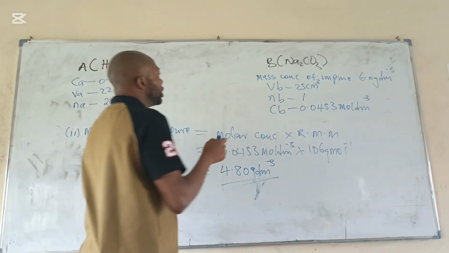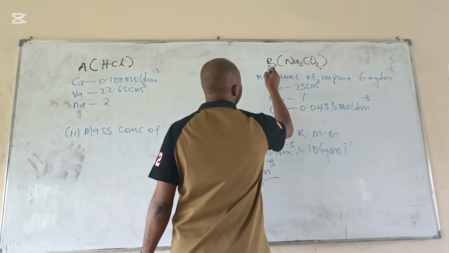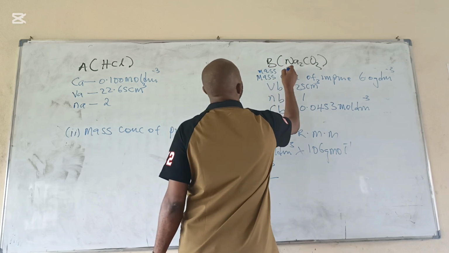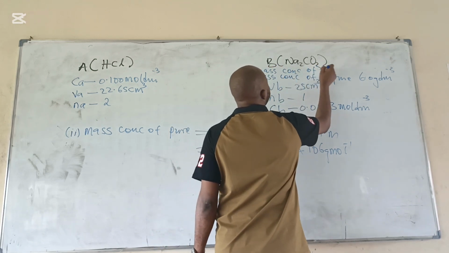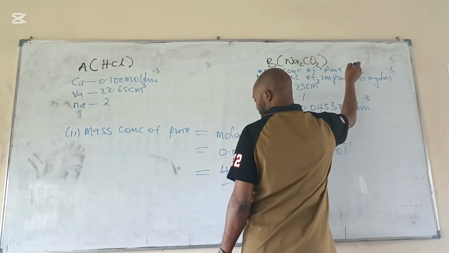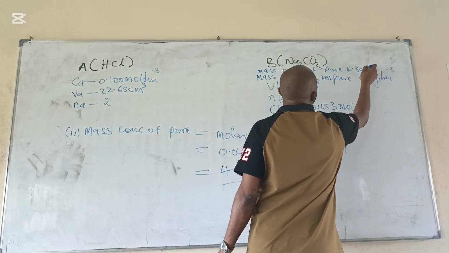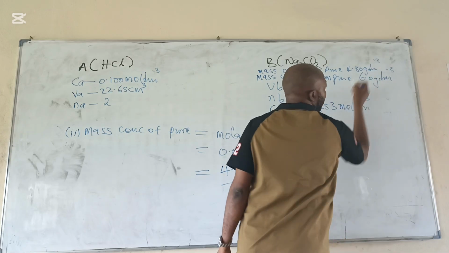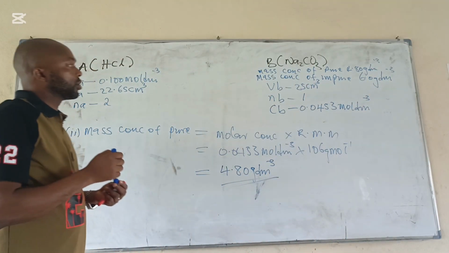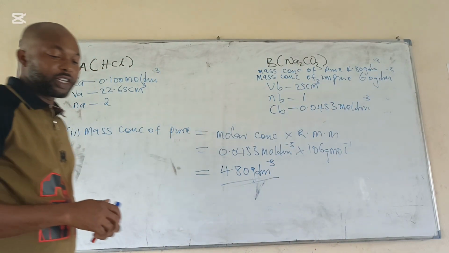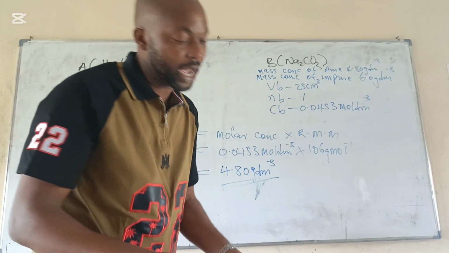So this is the g per dm cube of pure mass concentration of pure, which is 4.80 g per dm cube.